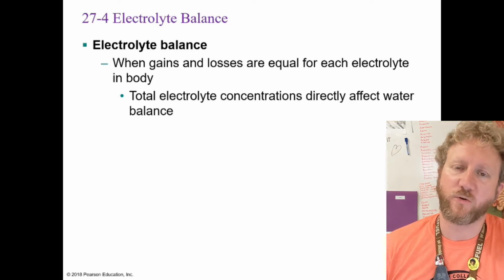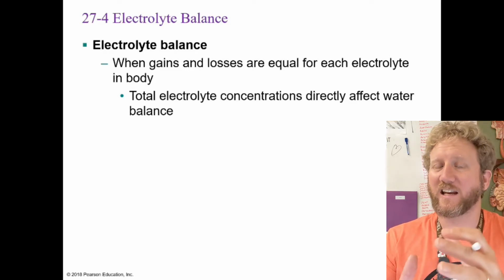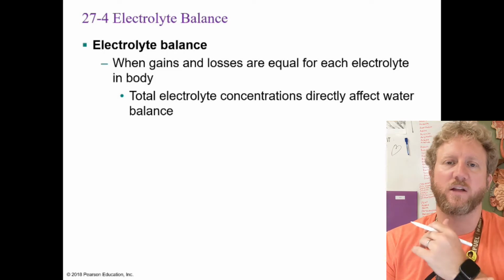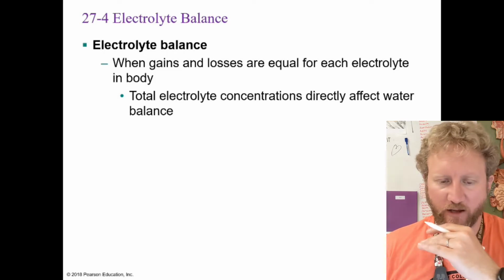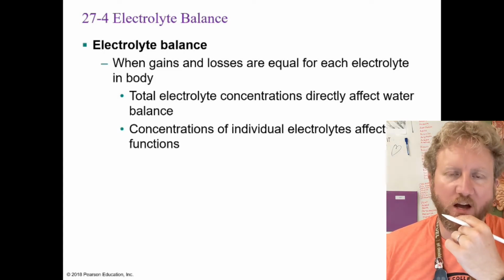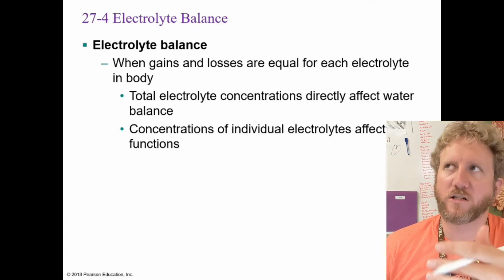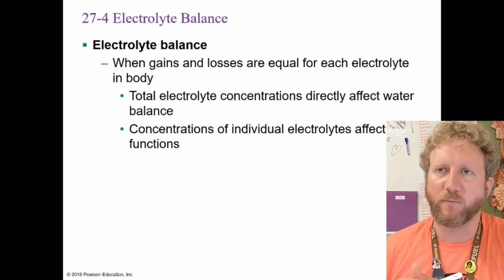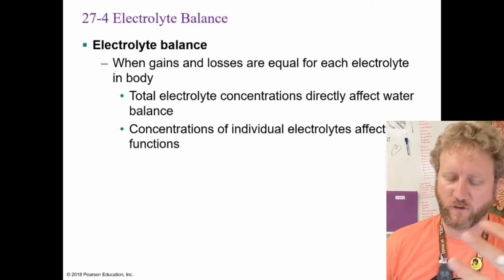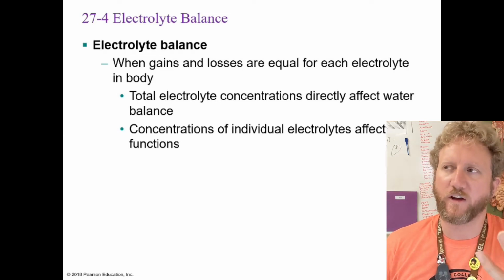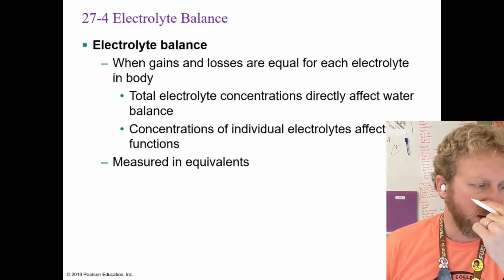The more electrolytes you have, inside versus outside, which we just talked about, that's going to drive fluid movement. The concentrations of the individual electrolytes are going to affect cell functions. Potassium and sodium, for example, altogether, they're going to drive fluid movement. Individually, they affect how the cell operates.